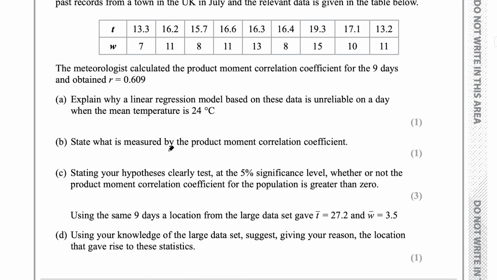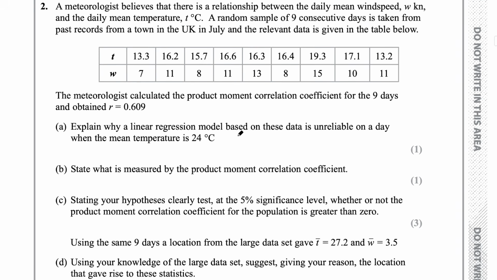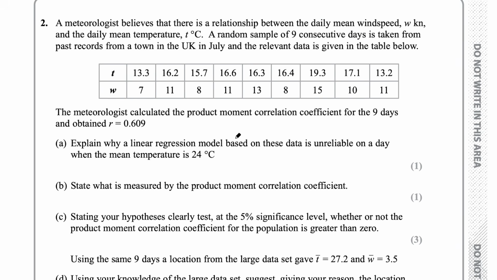Part B asks, state what is measured by the product moment correlation coefficient. So this is the strength of the linear relationship between the two sets of data. So you'd get a scatter plot with the data points. So this might be temperature and wind speed. And you can analyze that data and try to find a linear relationship between them. And R measures the strength of that linear relationship.